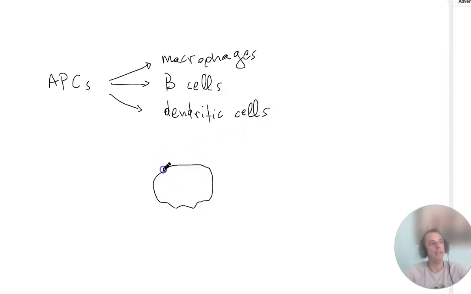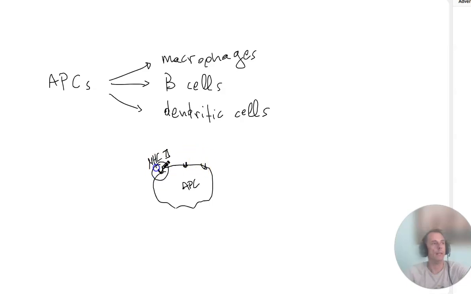These APCs express on their surface MHC class I molecules, as all nucleated cells do, but they also express MHC class II molecules.